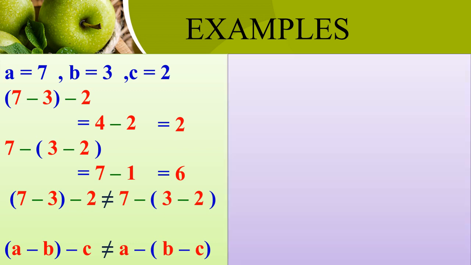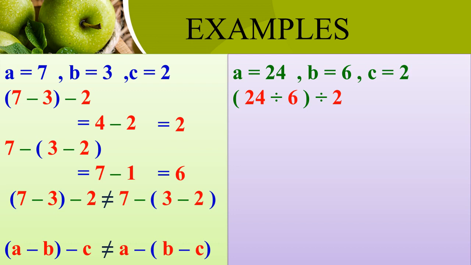Next, division. A equal to 24, B equal to 6, C equal to 2. First, we want to divide 24 and 6 and then divide 2.